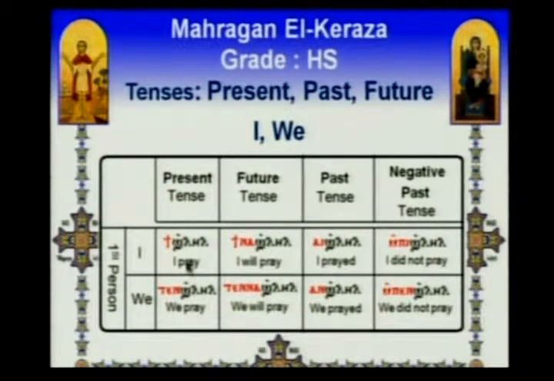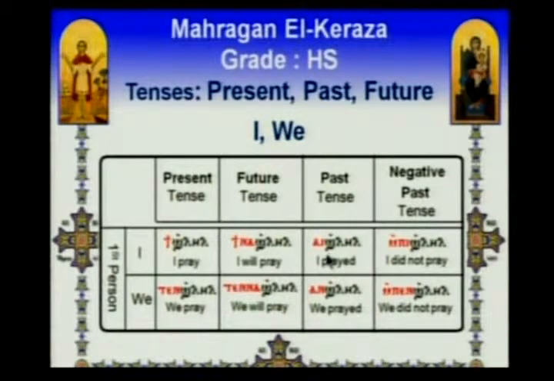And we discussed this, as I said before, in the grade 6, 7, and 8. So you should go over them in that grade. For the future, all you do is after the present article, which is ti and ten here, you add na. So here, ti na eshlil means I will pray. Ten na eshlil, we will pray.